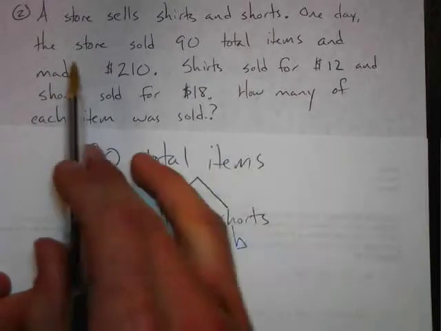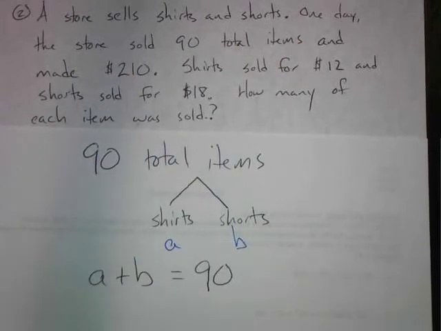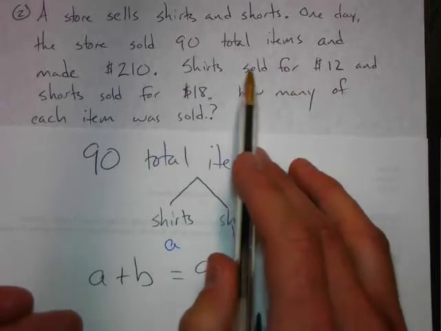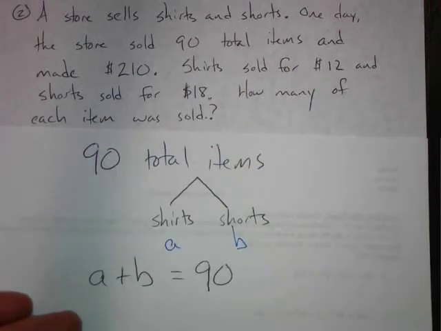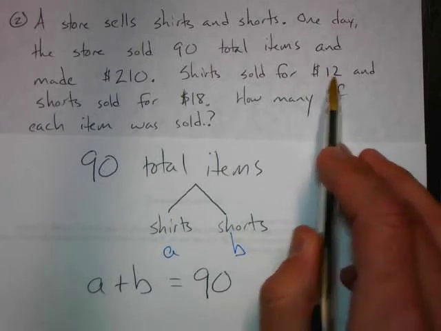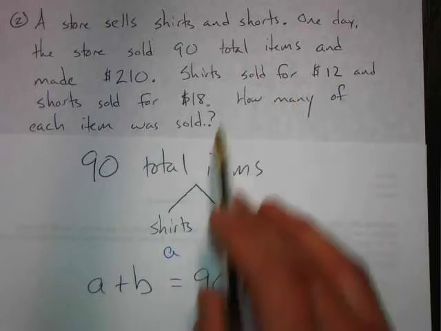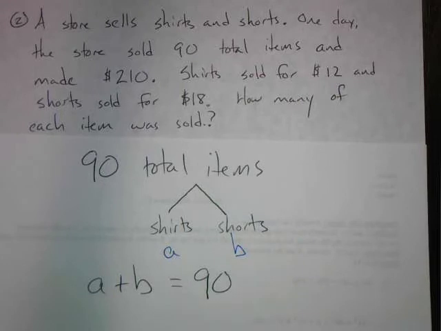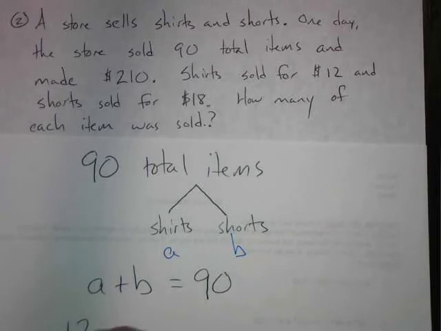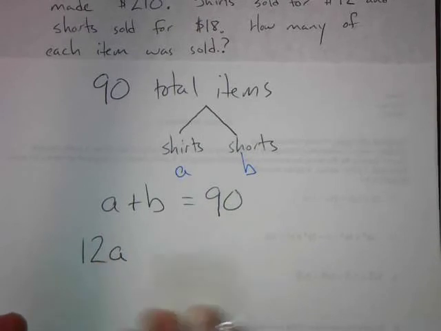One day the store sold 90 total items and made $210. So the store is making $210 off of selling shirts and shorts. Shirts sold for $12 and shorts sold for $18. If shirts sold for $12, we can say the word each: $12 each, and the shirts are our variable A. That means it's $12 per shirt.